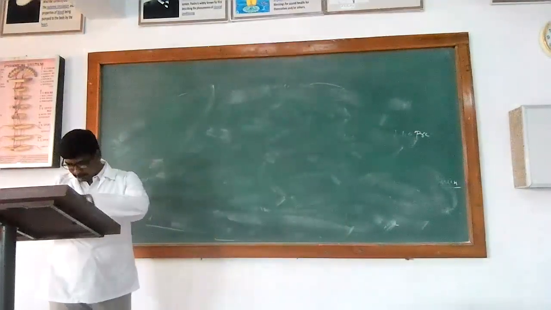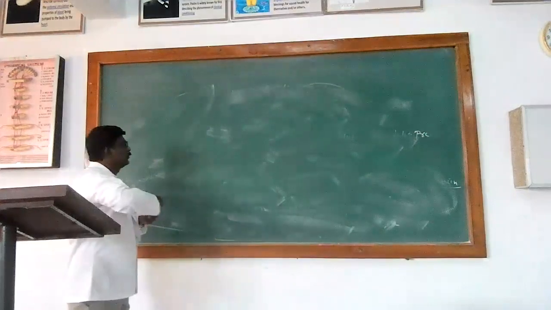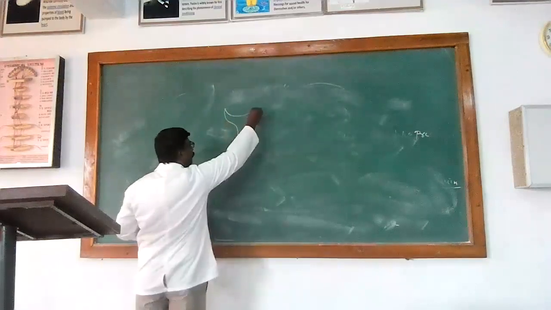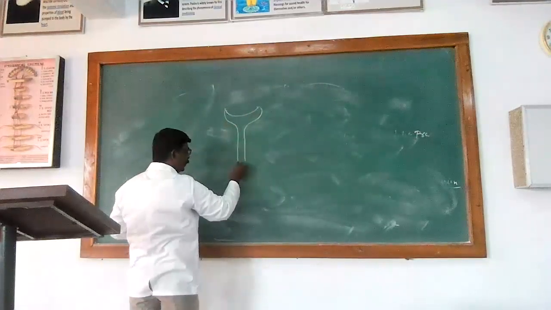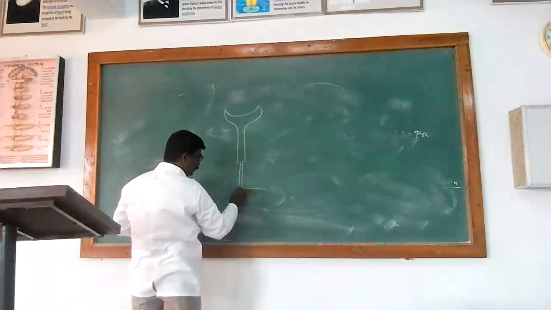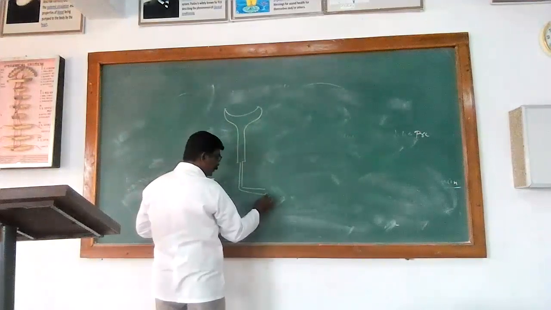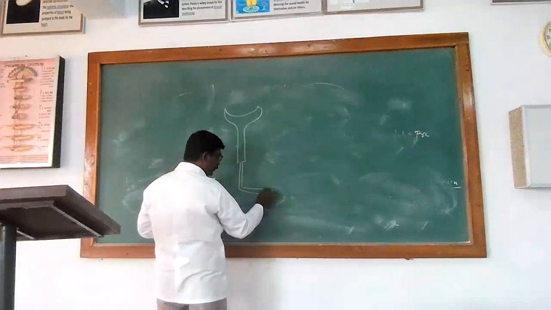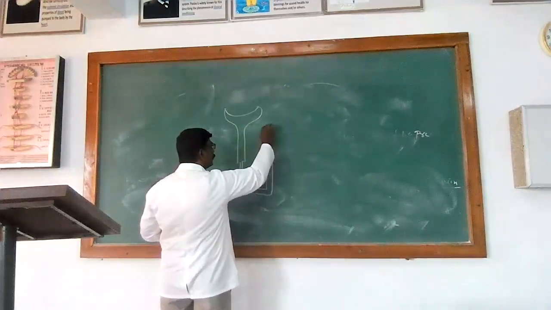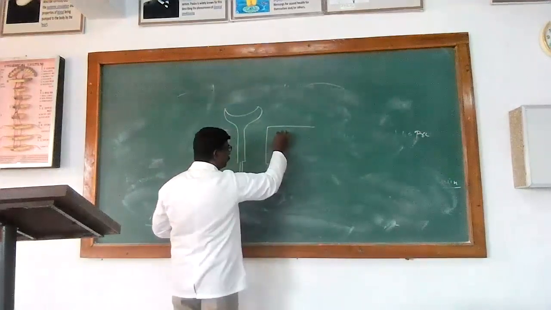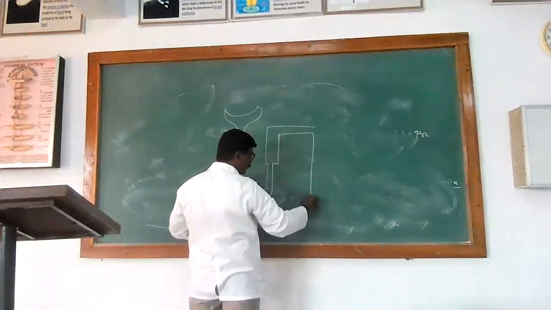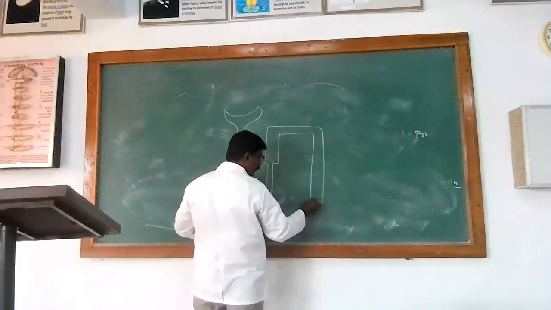So here, this one, right? Here is the thin part. This is a hairpin-like structure. It is not a perfect hairpin-like structure as I have drawn, but it is hairpin-like. Again it becomes thick, then the distal convoluted tubule, descending, and the collecting ducts.